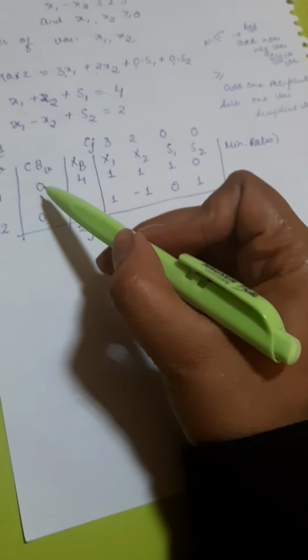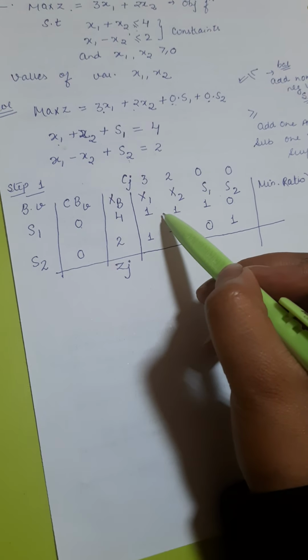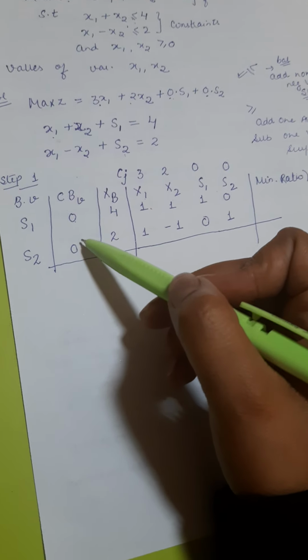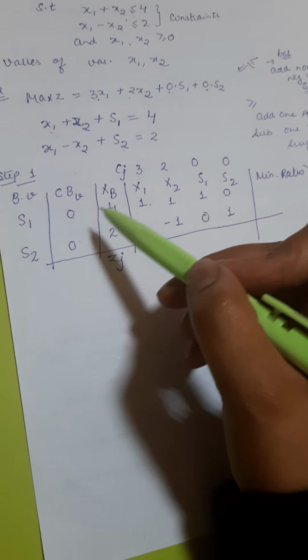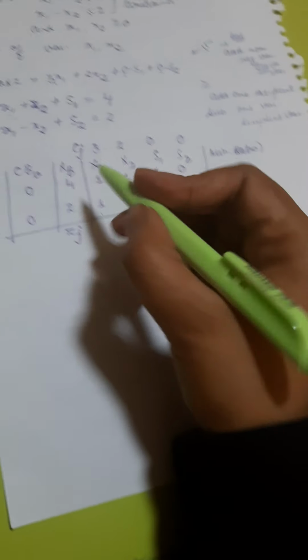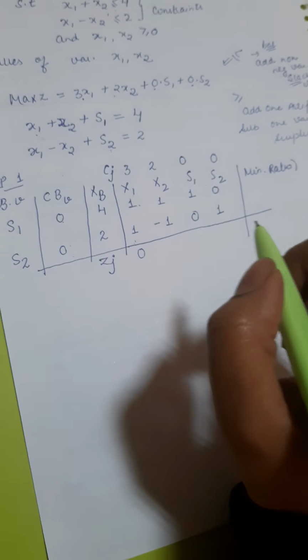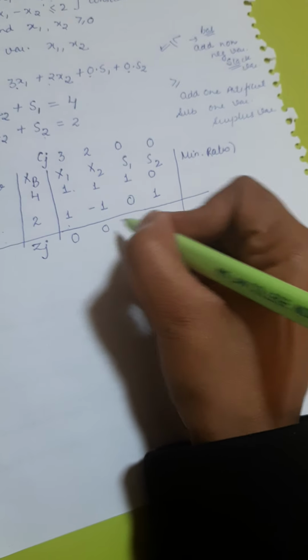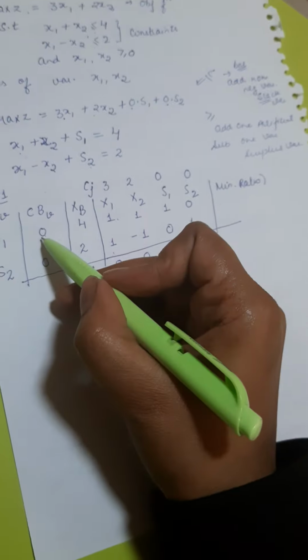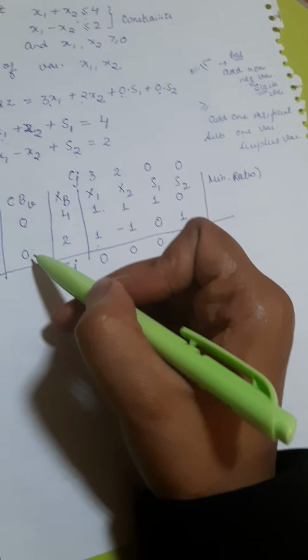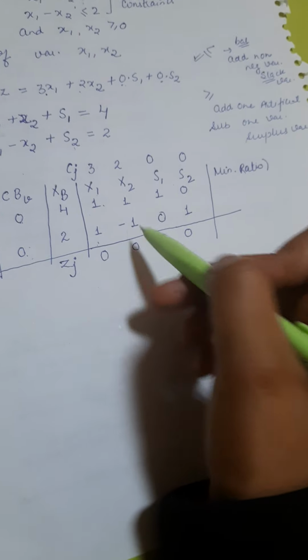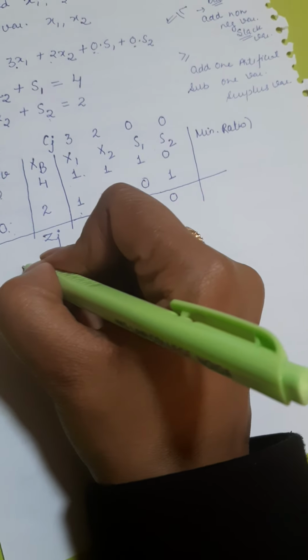Zj means CB into x1 plus CB into x1. So 0 into 1 plus 0 into 1, that is 0. In the first table, this Zj is 0 throughout. Like CB, that is 0 into 1 plus 0 into minus 1, that comes to 0.